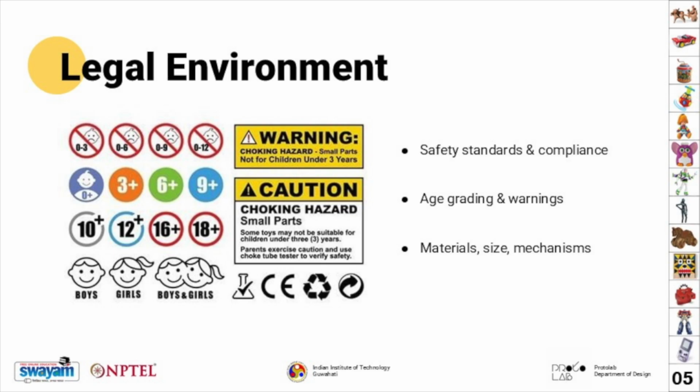Standards like BIS, ASTM F963 and EN71 regulate size, materials, sound, toxicity, and mechanisms. These rules decide whether a toy can exist in a market at all. A toy designed for Europe may fail Indian regulations, not because it's bad, but because standards differ.